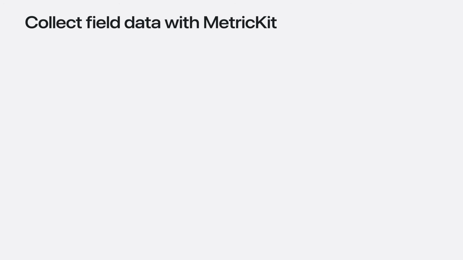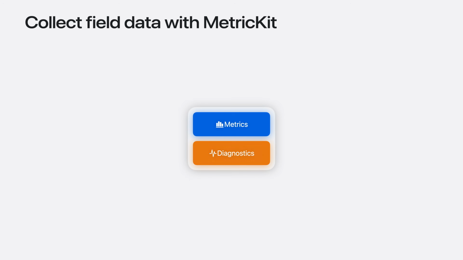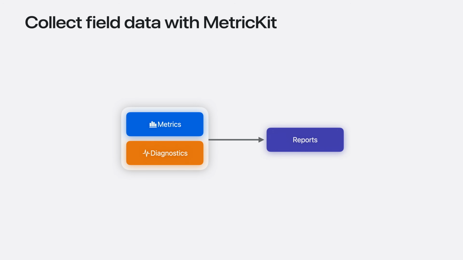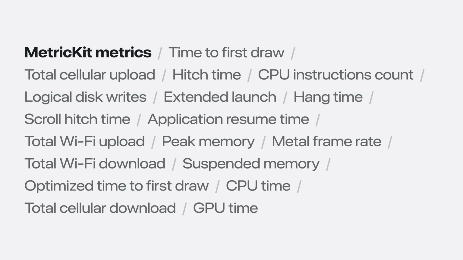MetricKit is a framework that provides two types of data, metrics and diagnostics. It gives your game direct in-process access to the power and performance data in the form of reports. As players play your game, MetricKit continuously collects data in the background and delivers a daily report to your game.